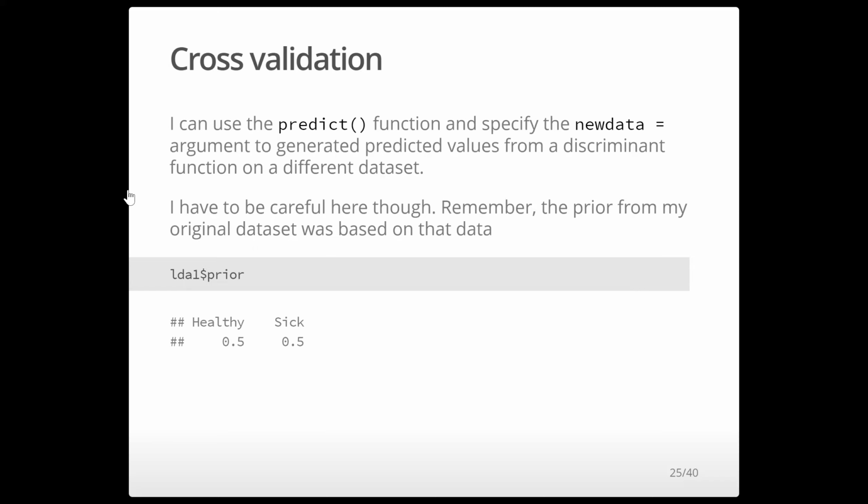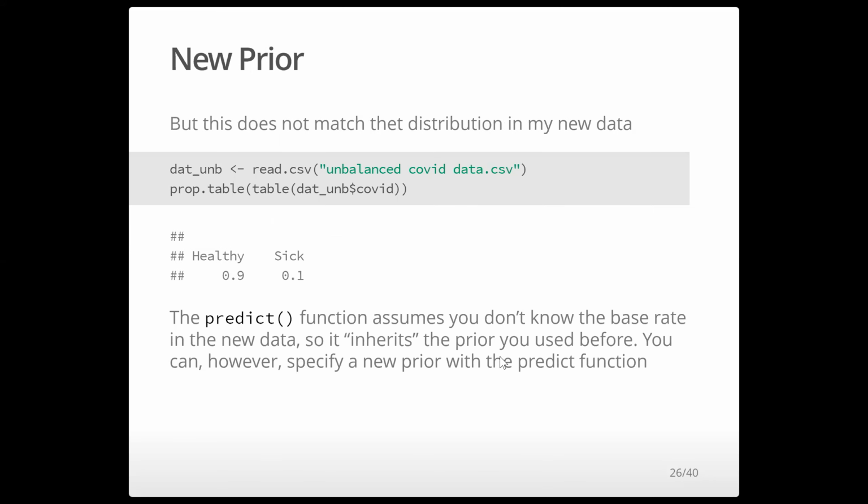The one thing I have to be careful about here is that, remember, the prior from my original data set was based on that data. So the prior for the first discriminant function that I fit is going to be 0.5 and 0.5. We know that this doesn't match the distribution of the new data. We know that the proportion in this new data is 0.9 and 0.1.